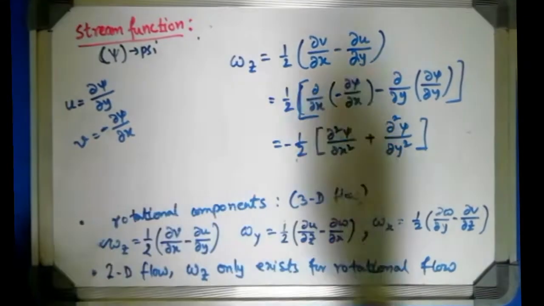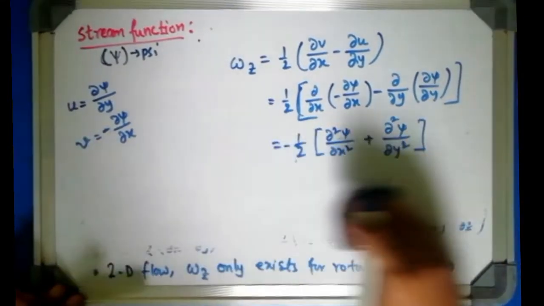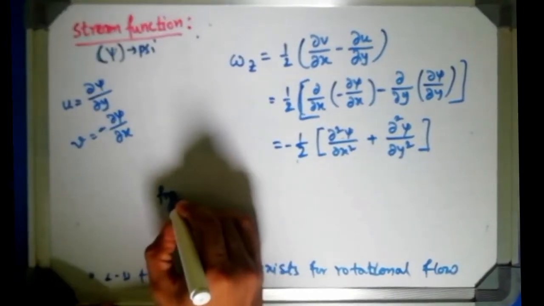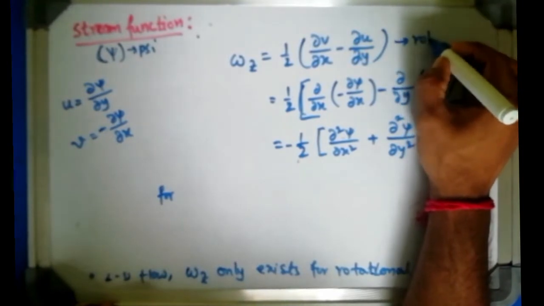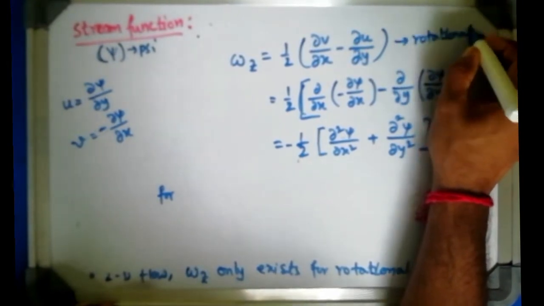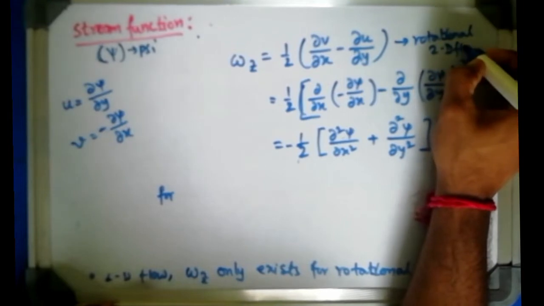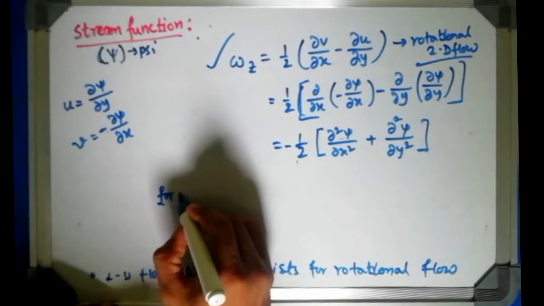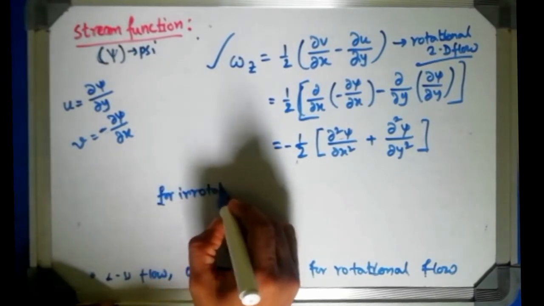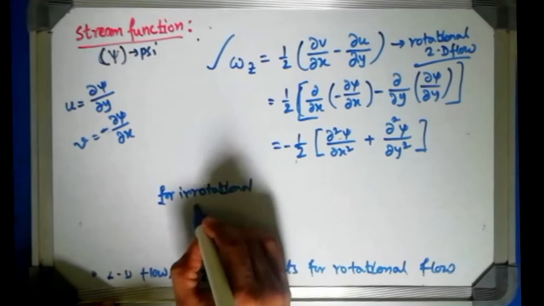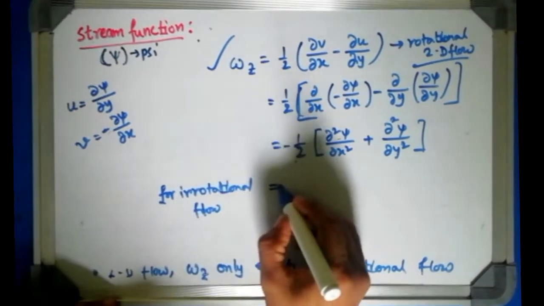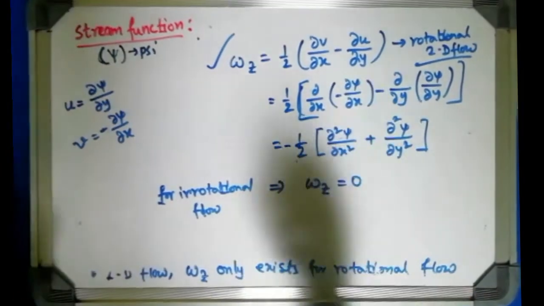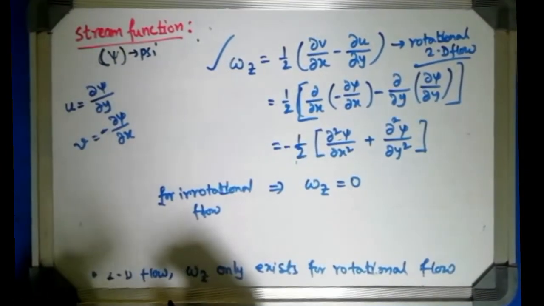Obviously this is for rotational 2D flow, where this component exists. Now if we consider it is an irrotational flow, then omega z will also be 0, because no rotational component exists for irrotational flow.